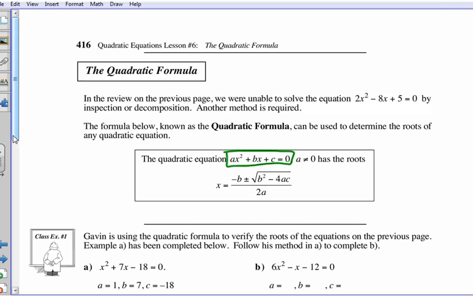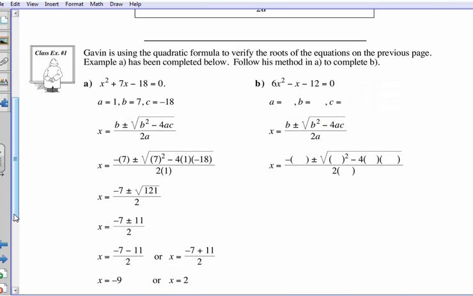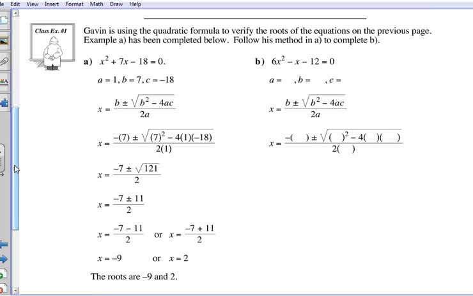So let's look at this question here. Gavin is using the quadratic formula to find the roots. So here's that question we had before. A would be 1, B would be 7, C is negative 18. And so this is the formula. It's on your formula sheet. X equals negative B plus or minus the square root of B squared minus 4AC, all over 2A.